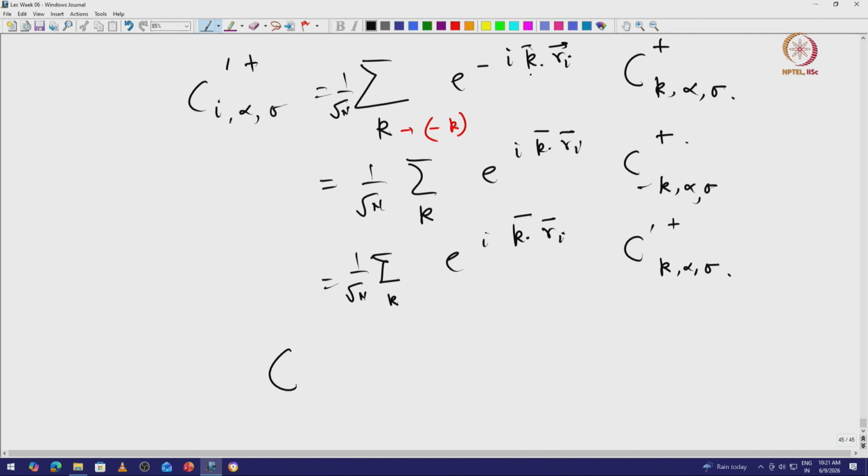This gives us C_k alpha sigma changing to C minus k alpha sigma under inversion.